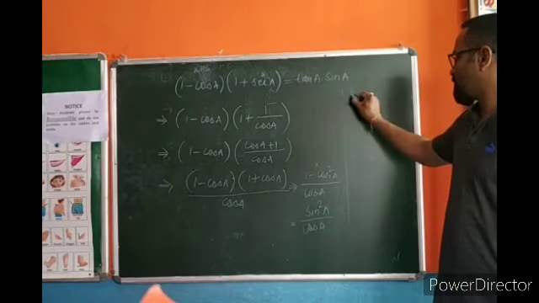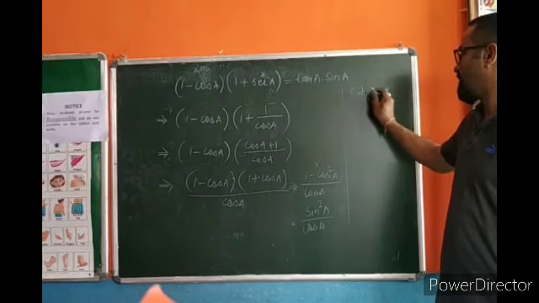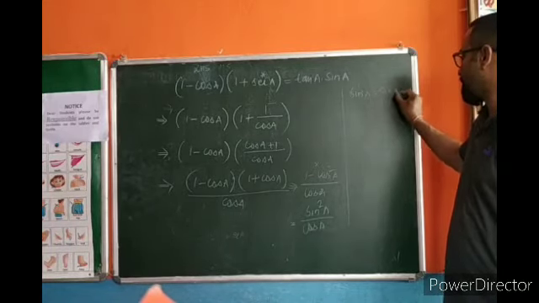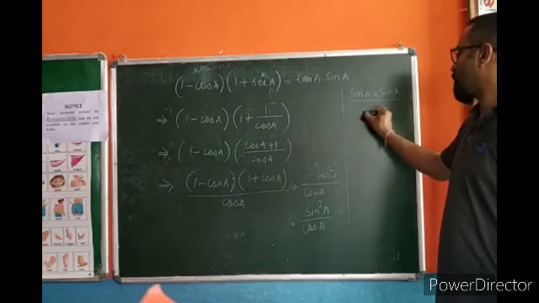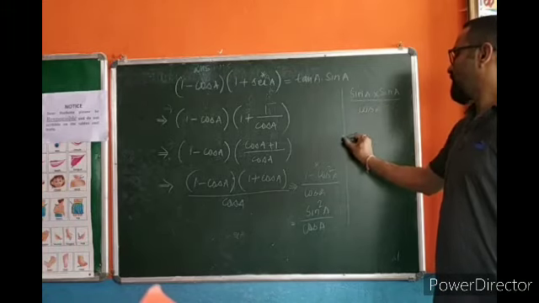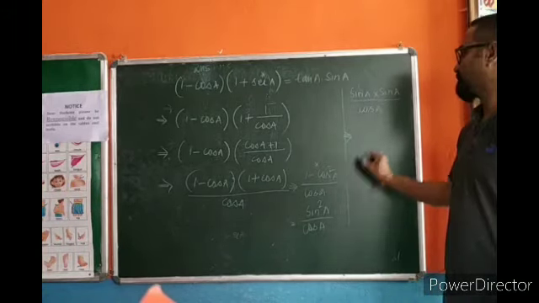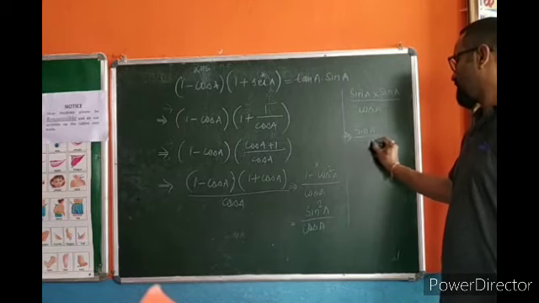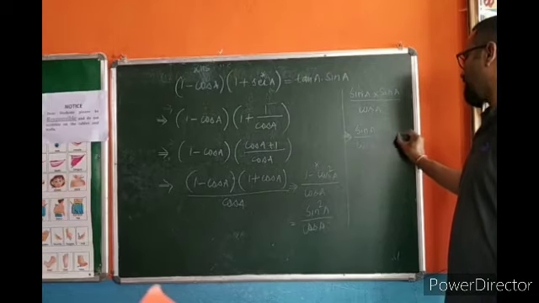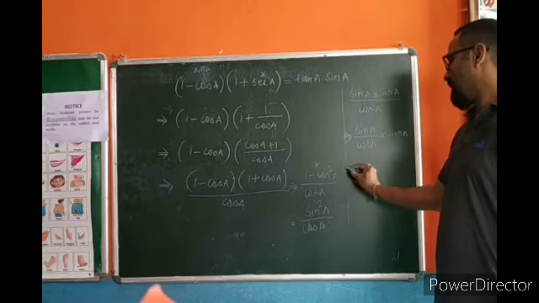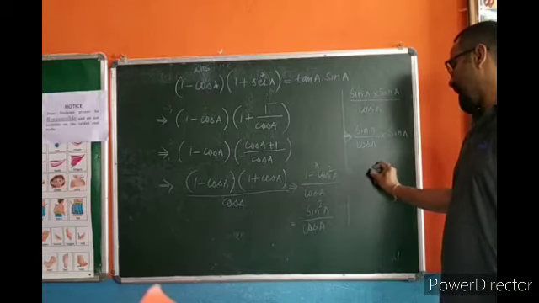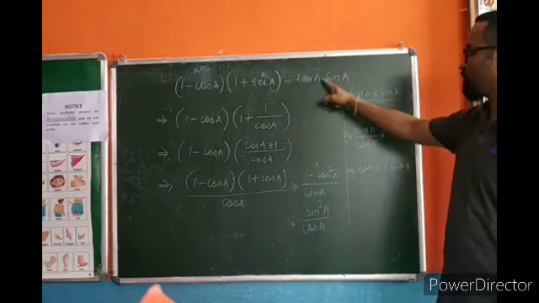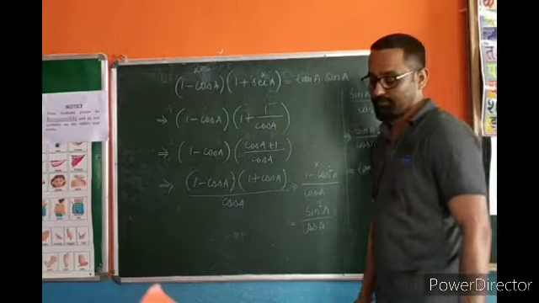Sin square A means you write twice. Sin square A can be written as sin A into sin A divides by cos A. Now divide individually. Sin A divides by cos A multiplied by sin A. Sin divides by cos can be written as tan A into sin A. Left hand side is equal to right hand side. Proved.